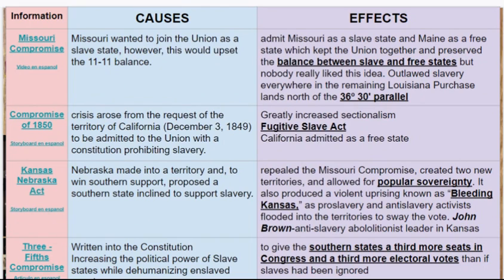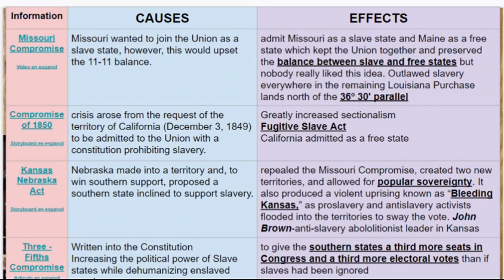They were enslaving these people. So the southern states agree to count each person as 3/5 of a person. So this gives them a third more seats in Congress, a third more electoral votes than if that portion of the population had been ignored.